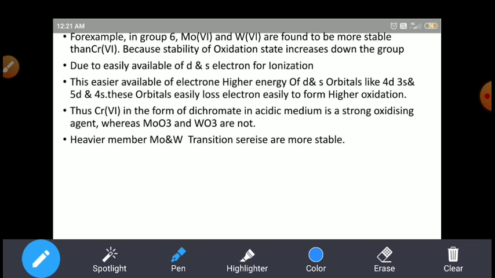Okay students. Yes Binay. Molybdenum and tungsten +4 oxidation state. This compound, you are telling this compound.